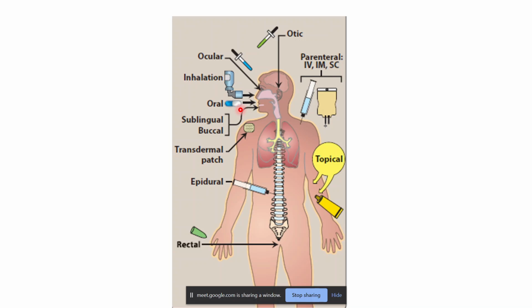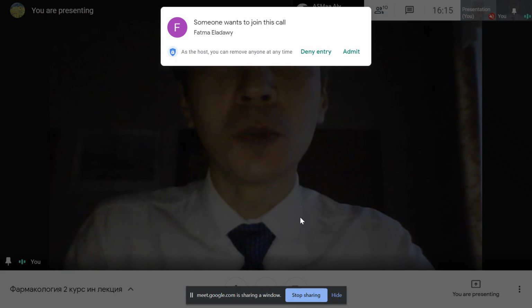Local administration is topical, by ointment or by solutions like drops, ocular drops, for example. Topical administration usually influences only the site of administration, so it will not have a systemic effect on the whole body.